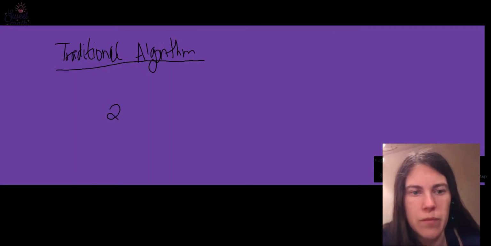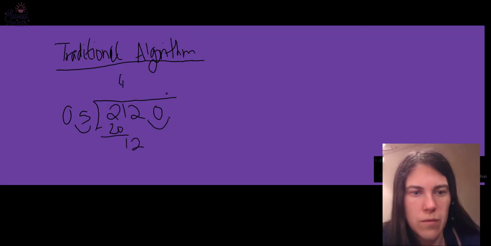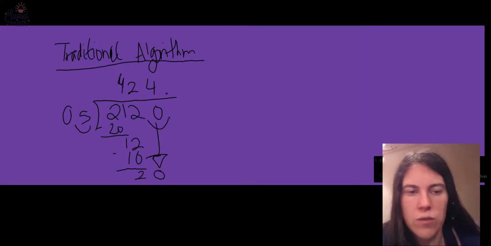It would be 212 divided by 0.5, and then I loop over one time. This is where the decimal goes now. So that is 424 using the traditional algorithm.